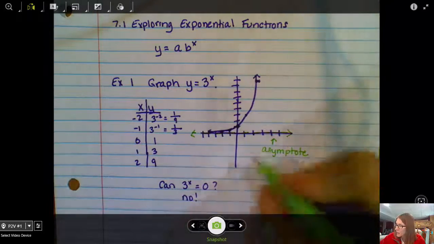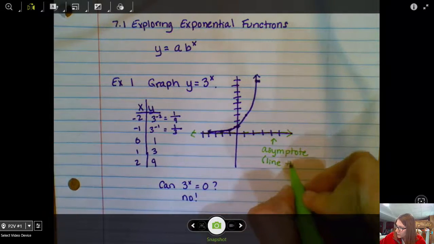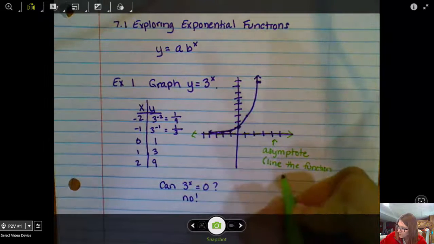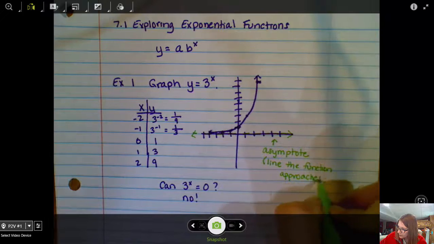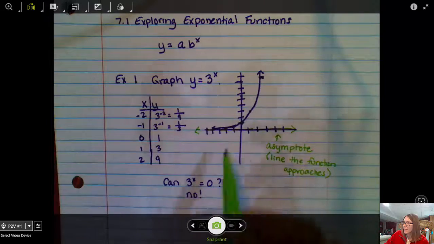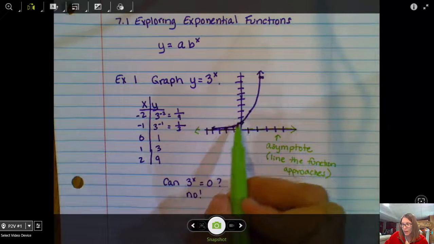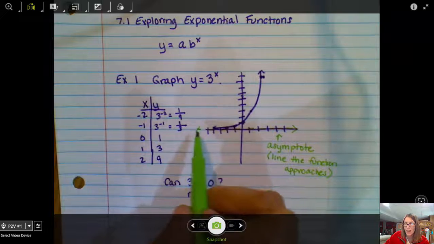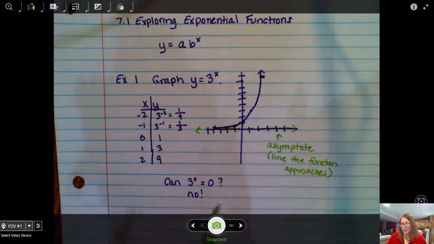And an asymptote means it's a line the function approaches. So on the end here, if you think of end behavior, this end is approaching this asymptote. It's approaching the x-axis, just never actually crossing.